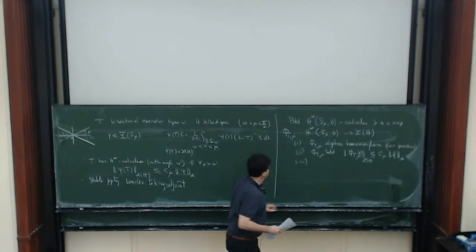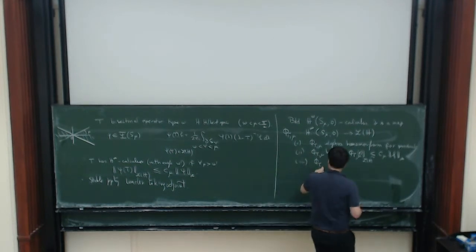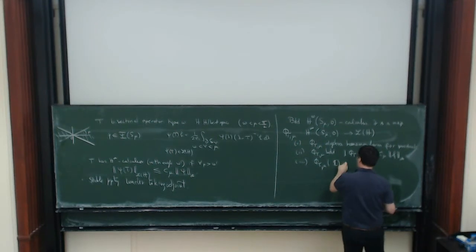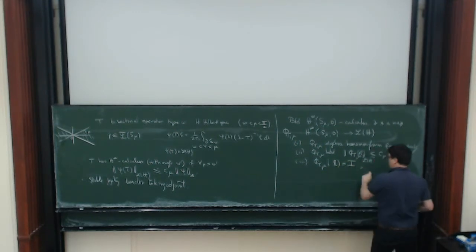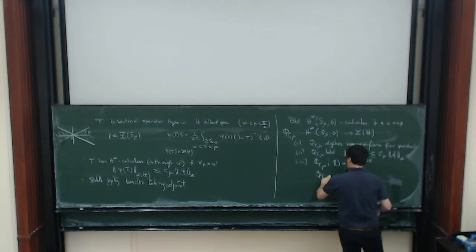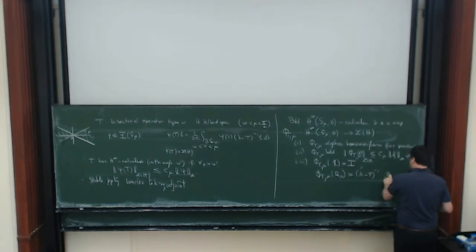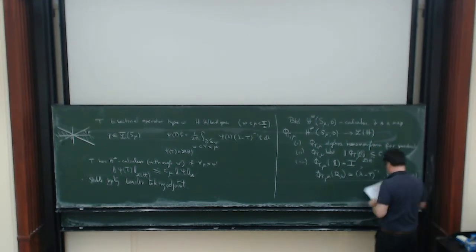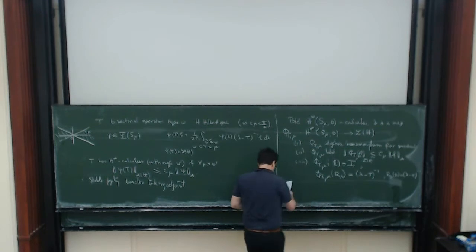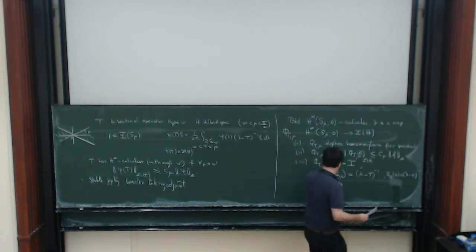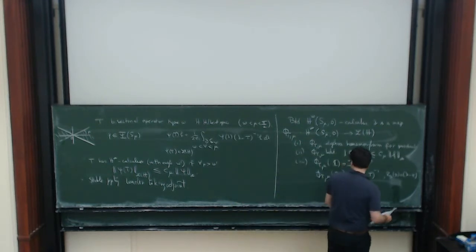That is, you expect phi T mu of the function identically 1 to be the identity, and phi T mu of what should be the resolvent function should be the resolvent of T, where L lambda of z is just what you expect, lambda minus z inverse. And this should hold for any lambda that's not in the closure of S mu, I guess.